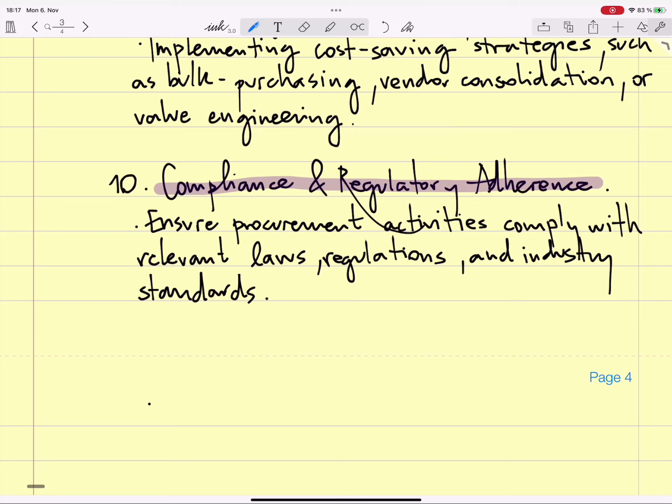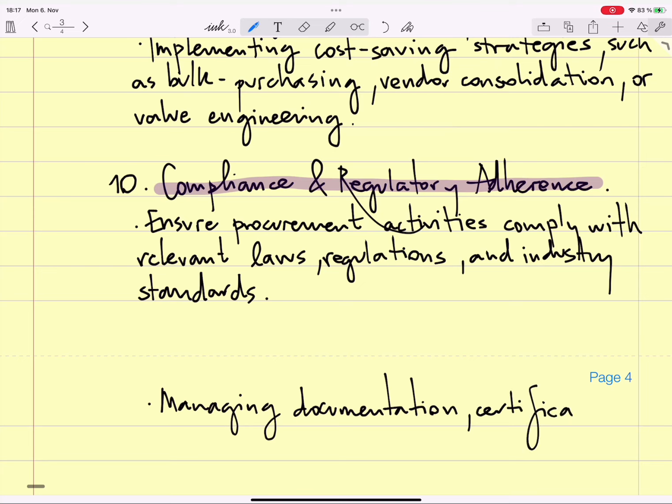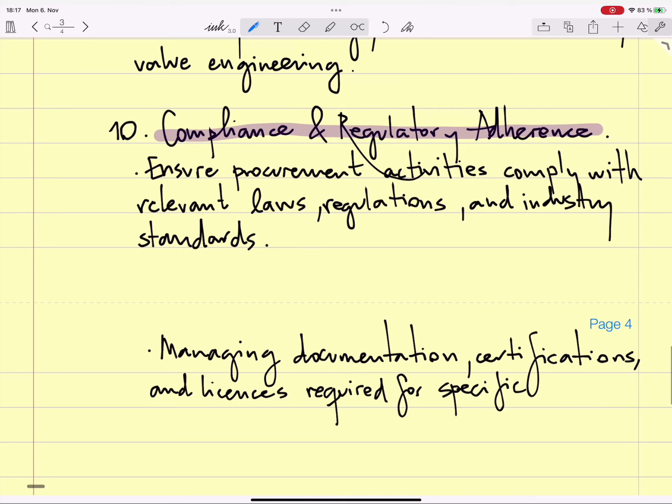The next step is managing documentation, certifications, and licenses required for specific products, countries, or industries.